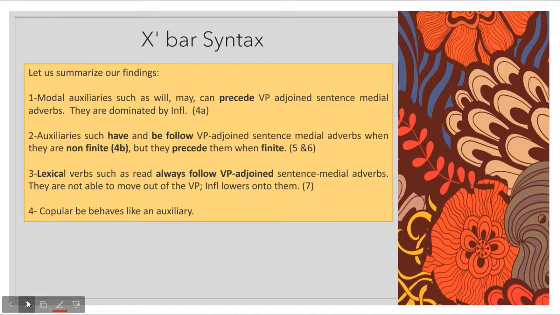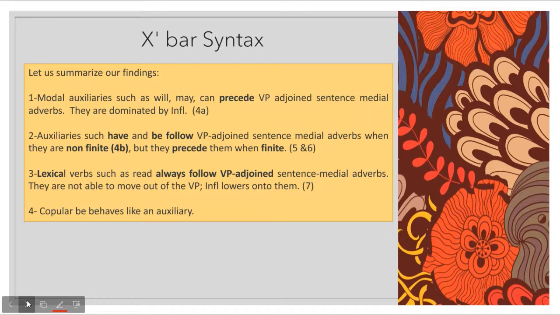2. Auxiliaries such as have and be follow VP adjoined sentence medial adverbs when they are non-finite, but they precede them when they are finite. 3. Lexical verbs such as read always follow VP adjoined sentence medial adverbs.